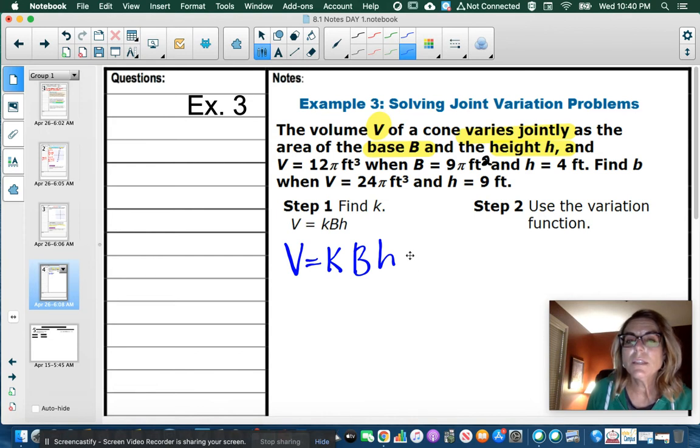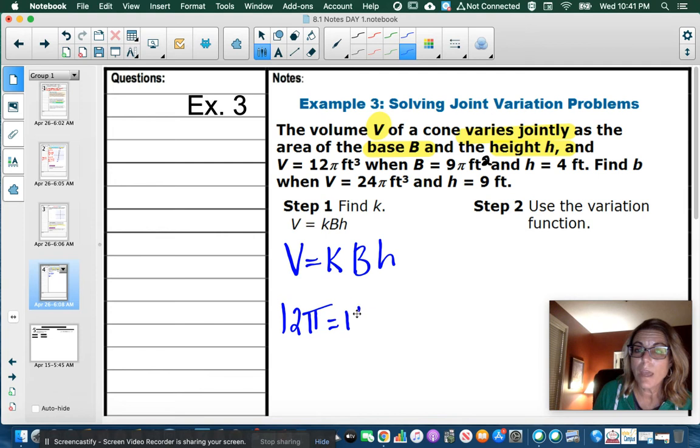They're telling us the volume, the base and the height. And we're asked to find B when the volume is 24 pi feet cubed and the height is 9 feet. On these variation problems, it's always a 2-step process. We have to find k first using what we're given. So we're given initially that the volume is 12 pi.